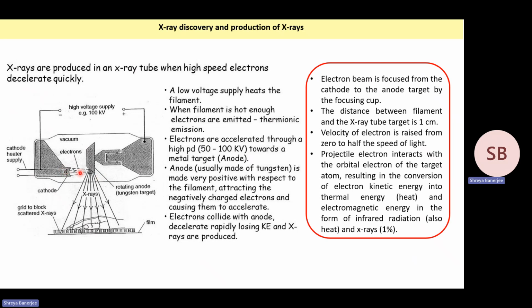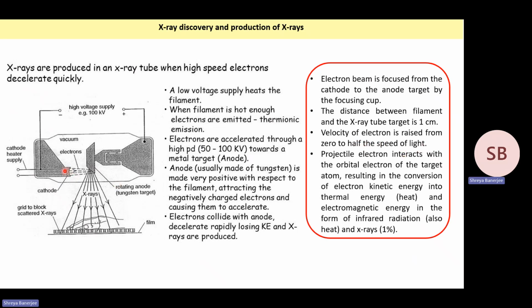As it is being attracted towards the positively charged anode and thus accelerating, the velocity rises so much that what was initially zero becomes half the speed of light. So you can imagine how much acceleration there is. It's a huge amount of acceleration.